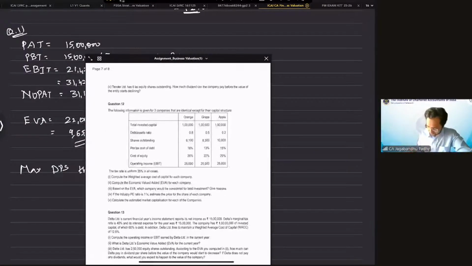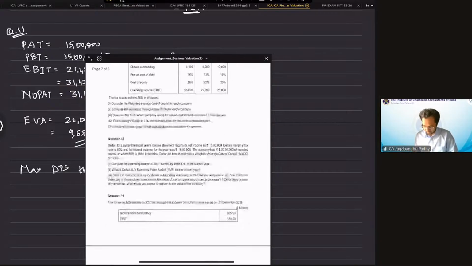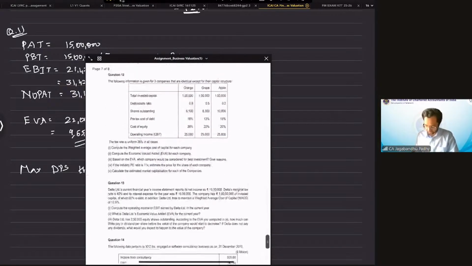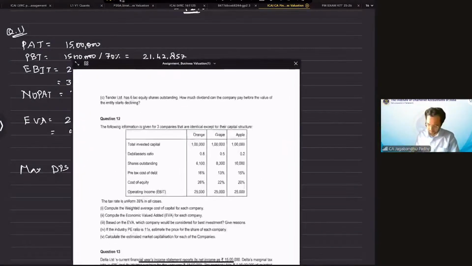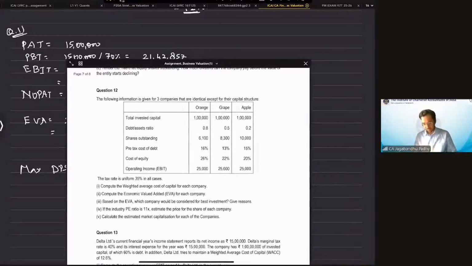Now question number 12. There are three companies, Orange, Grape, and Apple. We have the invested capital, debt to assets ratio, shares outstanding, pre-tax cost of debt, cost of equity, and EBIT given to us. Compute the weighted average cost, where the tax rate is 35%.